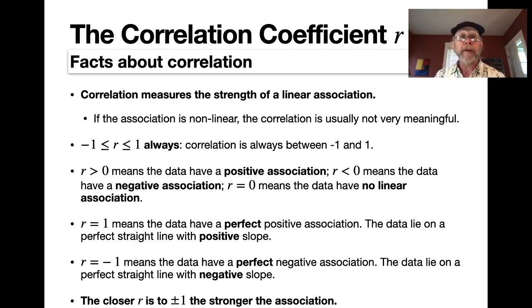Correlation values like 0.5 or 0.3 or 0.1 or -0.5, -0.1, and so on, indicate moderate to weak associations, and the correlation coefficient is precisely a measure of the strength. The closer the correlation coefficient is to either +1 or -1, the stronger the relationship.